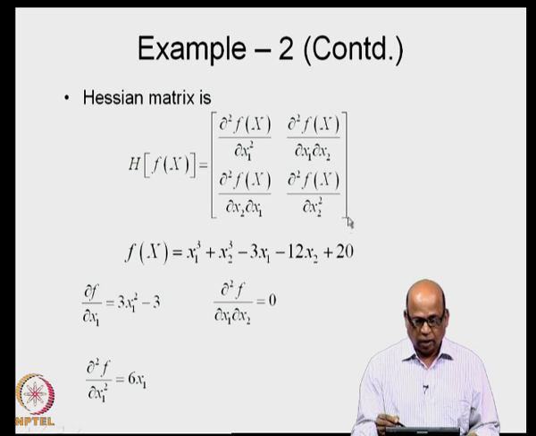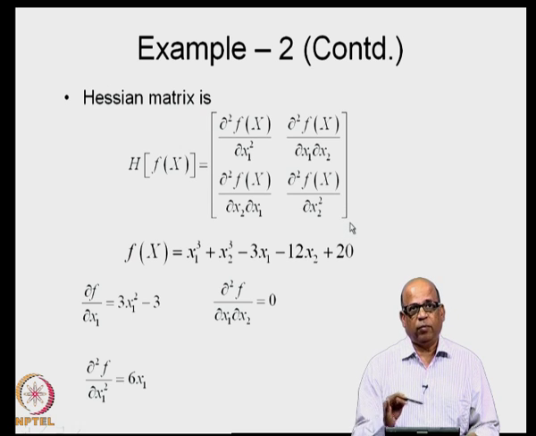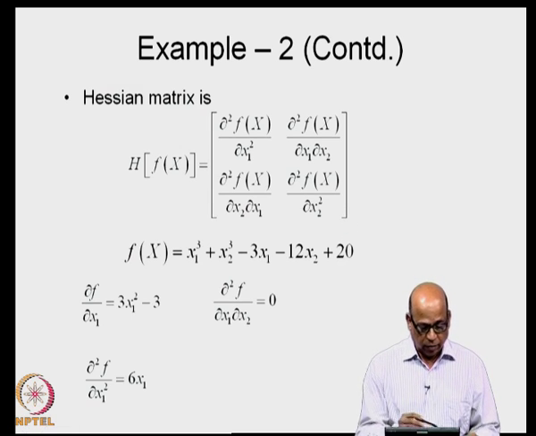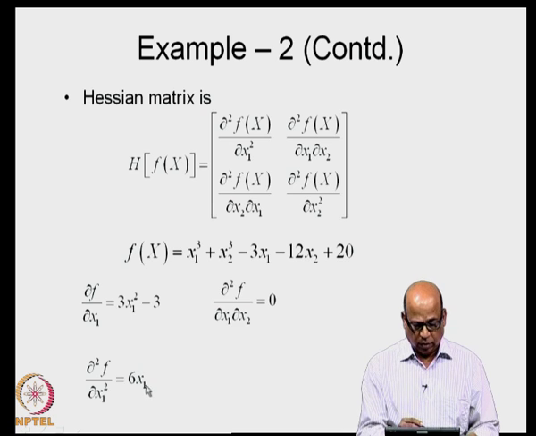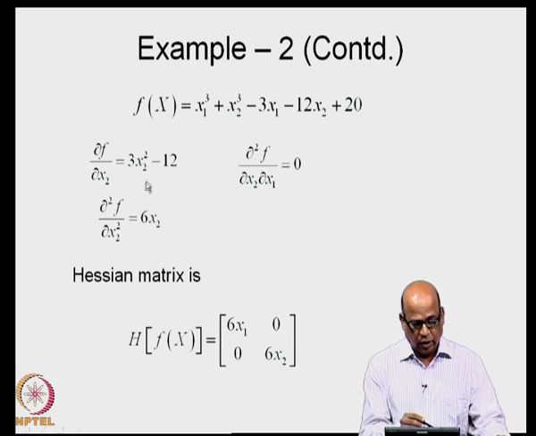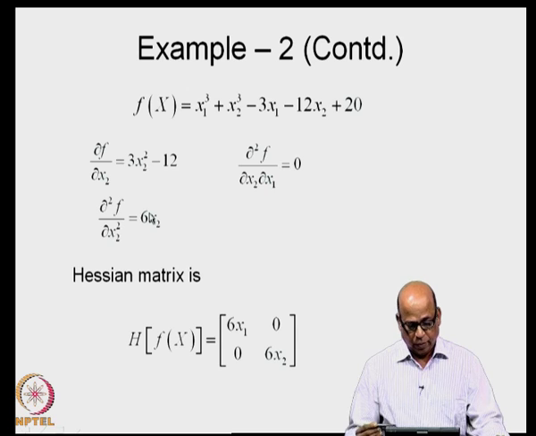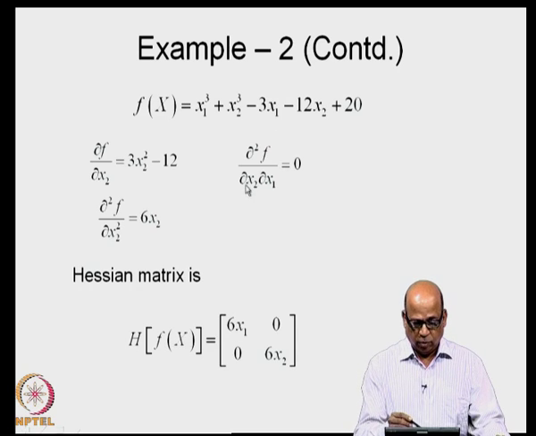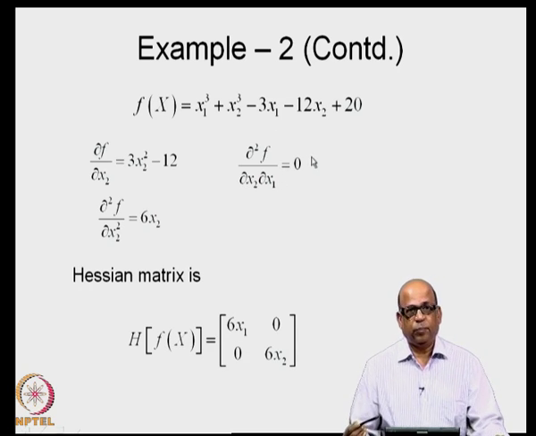This has to be evaluated at the stationary point. So, we take one stationary point at a time and then evaluate that. So, df by dx1 is 3 x1 square minus 3, and therefore, d square f by dx1 square will be 6 x1, d square f by dx1 dx2 is 0, and similarly you have df by dx2 is 3 x2 square minus 12 and d square f by dx2 square is 6 x2, and the second order derivative with respect to x2 and x1 is 0.